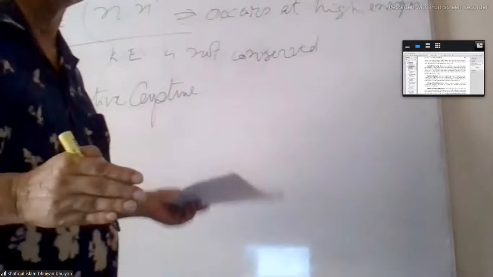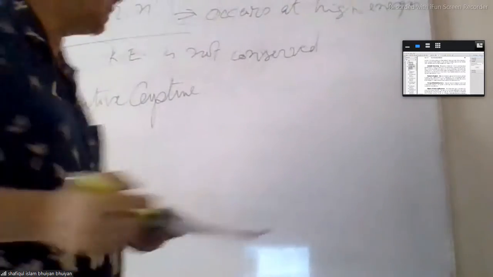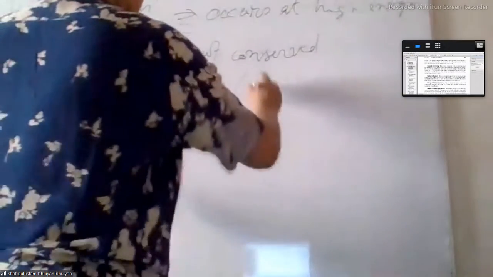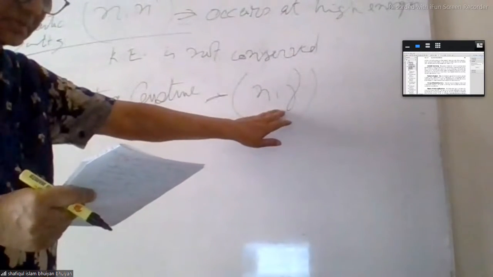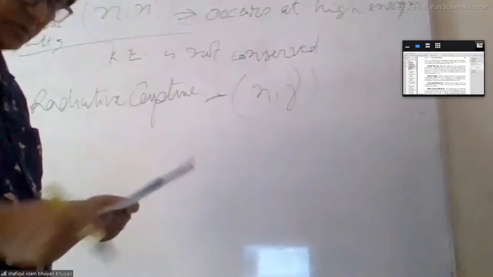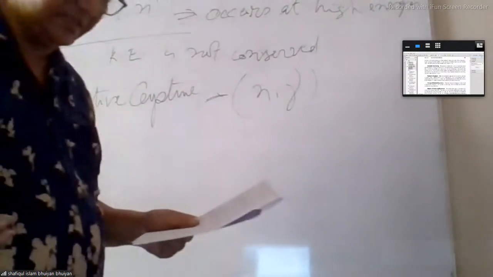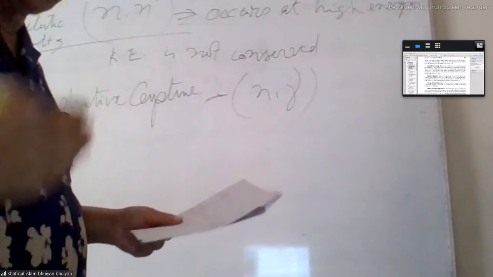In this case, the neutron gets absorbed and the gamma radiation goes out. So we can say that this is an N gamma reaction. The neutron is the incoming particle and the outgoing particle is the gamma. The neutron is captured by the nucleus.